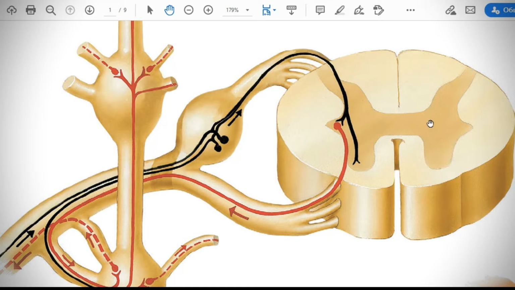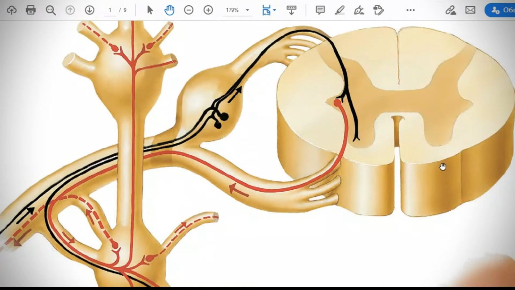Functional unit. In the autonomic, or vegetative, nervous system we also have reflex arcs, but there will be differences from the somatic one. These differences are in the afferent chain.